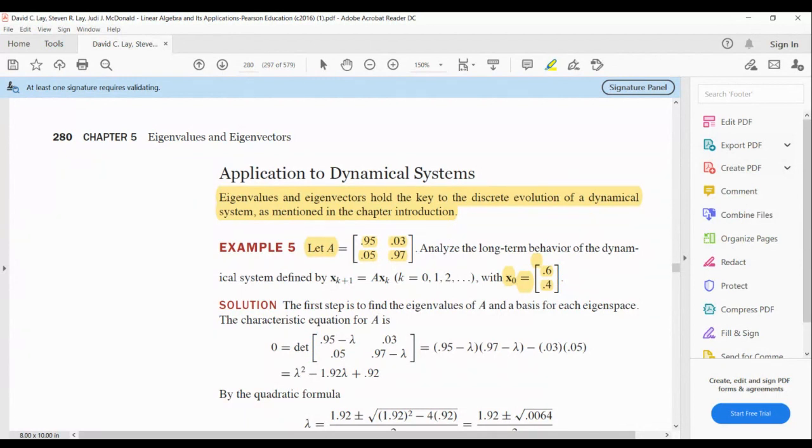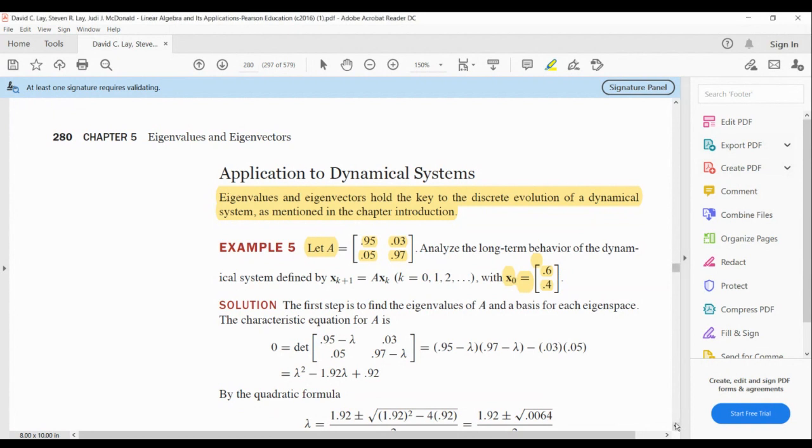Now, we did that using concepts from section 4.9, but we can use eigenvectors and eigenvalues as well to arrive at the same conclusion. That's right. So look at how they do this.